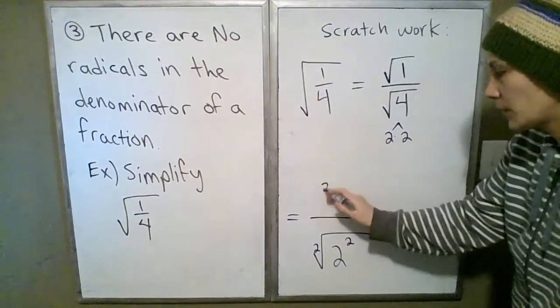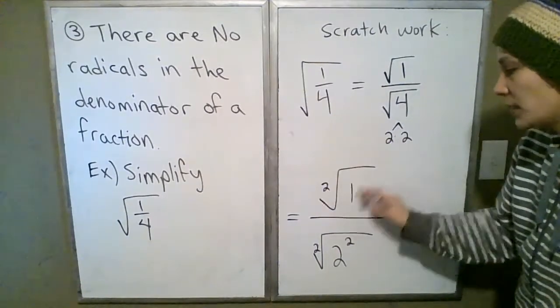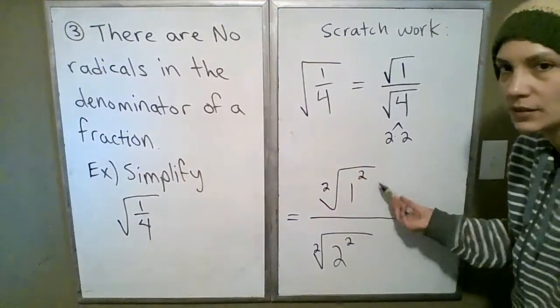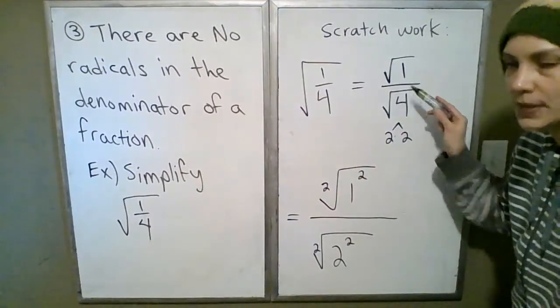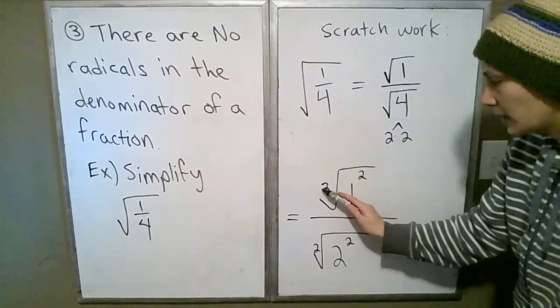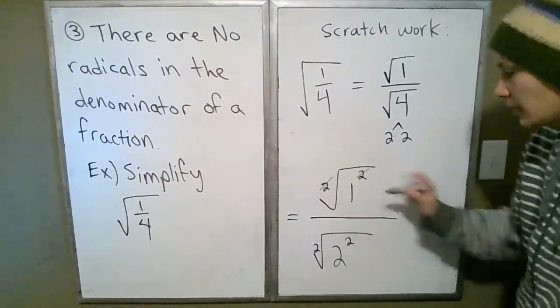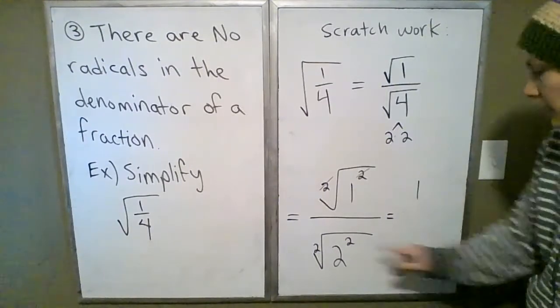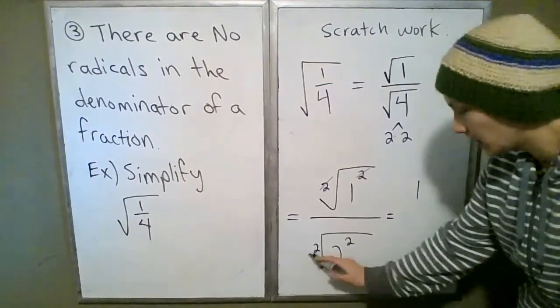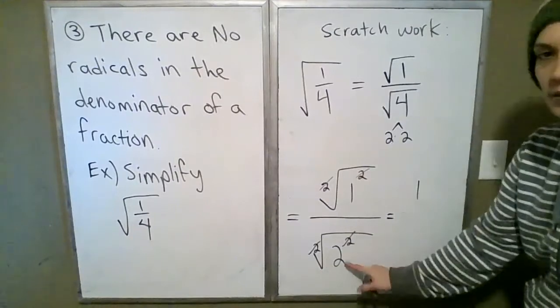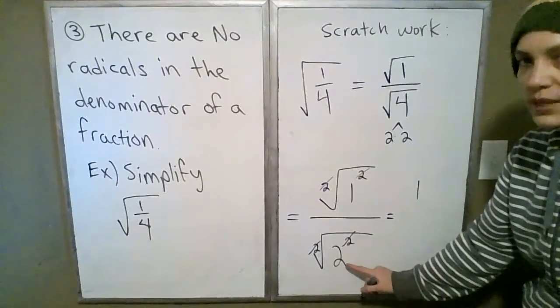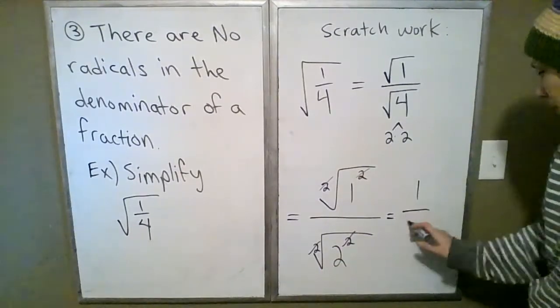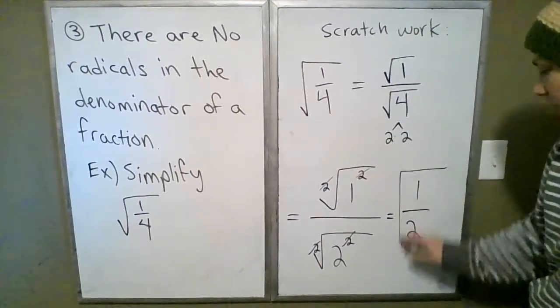So if I have a square root, I can write 1 with a matching power and it's still the value 1. And I did that so that that root will undo that power and I'll get 1 in the numerator. Same here, this 2 and that 2 leaves this 2 right here, the base 2. So 1/2.